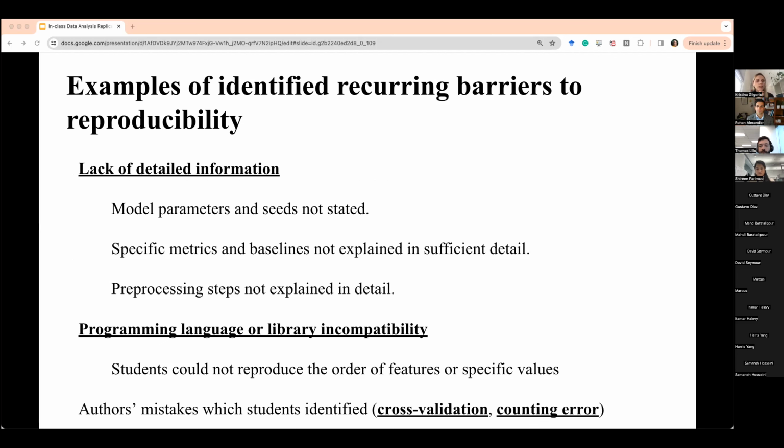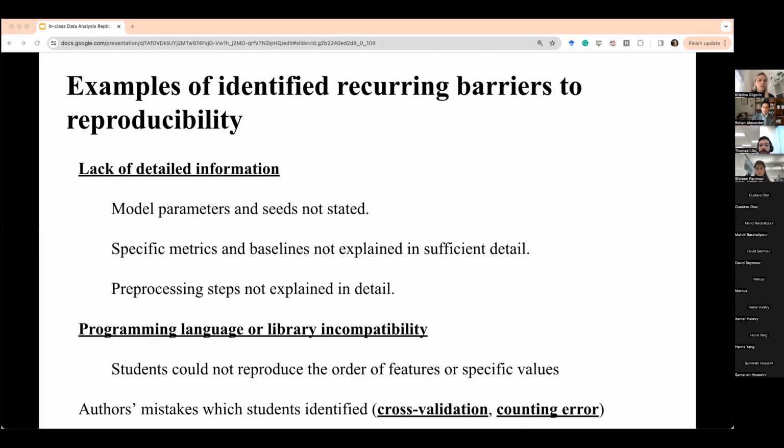Another thing that I think is very useful is identifying recurring barriers to reproducibility and figuring out what we, as data analysts or researchers doing any kind of data analysis in our work, can do differently to avoid these kinds of challenges in replication.